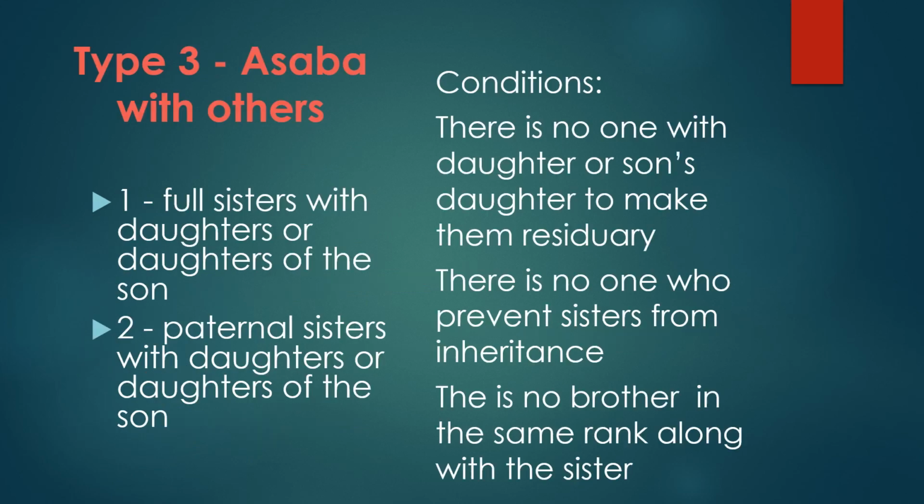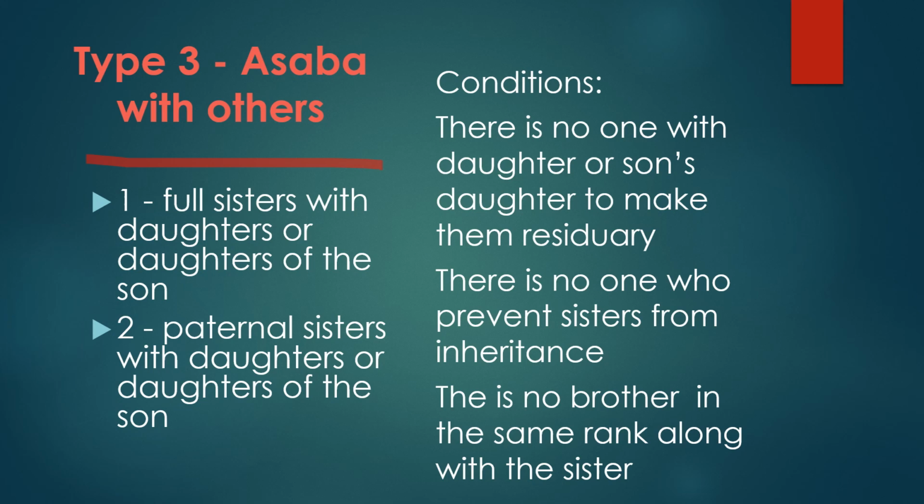Then we can move to the next asaba, the last type of the asaba, that is asaba with others. With others, nobody will make them asaba, but when they come with others, they become asaba. So here you check, please. First one, full sisters with daughters or daughters of the son.